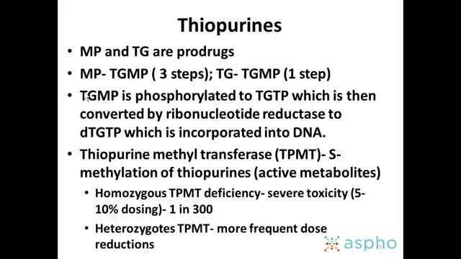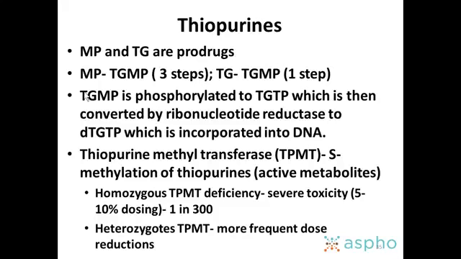So thiopurine methyltransferase, TPMT, is an important enzyme in the elimination of thiopurines. It's important because there are various polymorphisms of this enzyme in the population. The majority of patients will have the wild type TPMT and will just be fine.